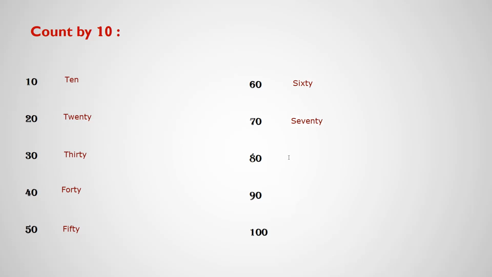What about 80? It's E-I-G-H-T. Then we have T. We are not going to put another one, so we will put only Y. 80. What about 90? We are going to write 9, N-I-N-E. Then put the T-Y. And the last one here is 100.